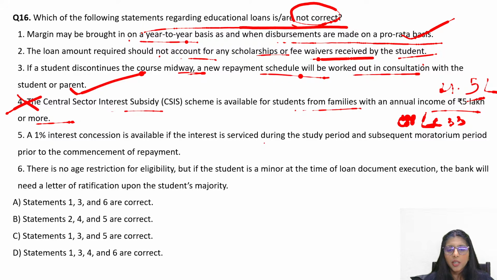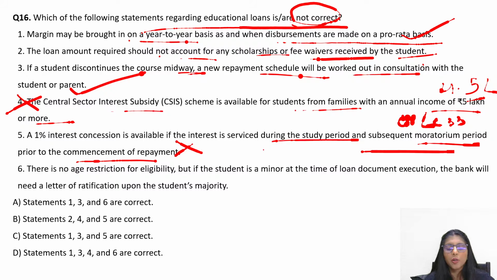It's incorrect, because the interest concession is provided only if the interest is serviced during the study period and the subsequent moratorium period. Incorrect.